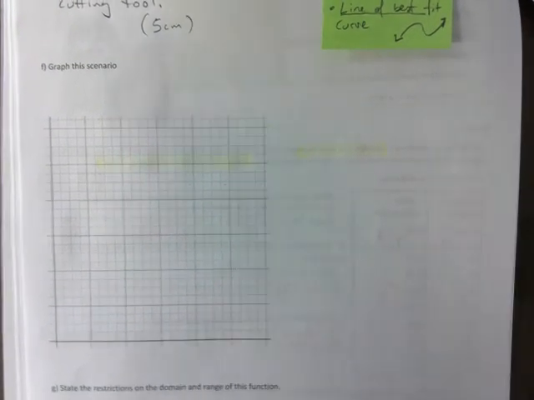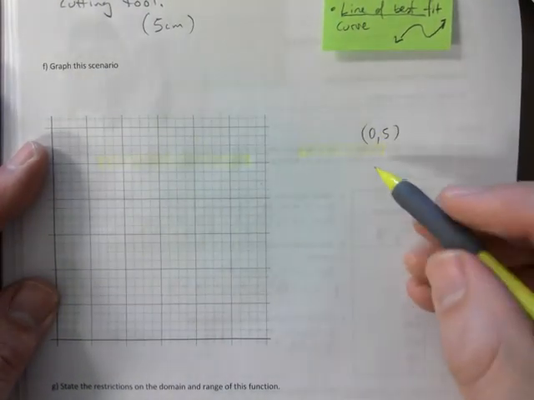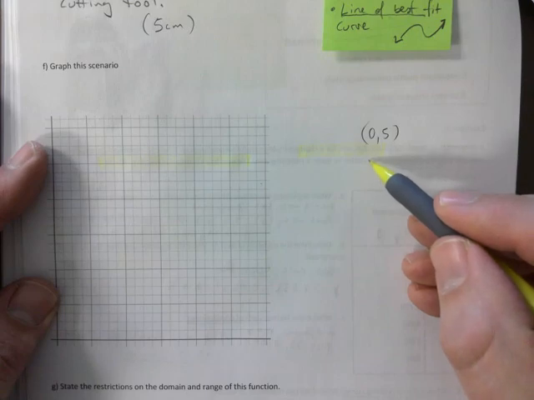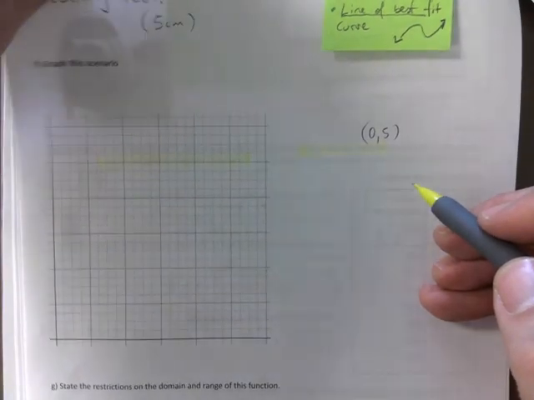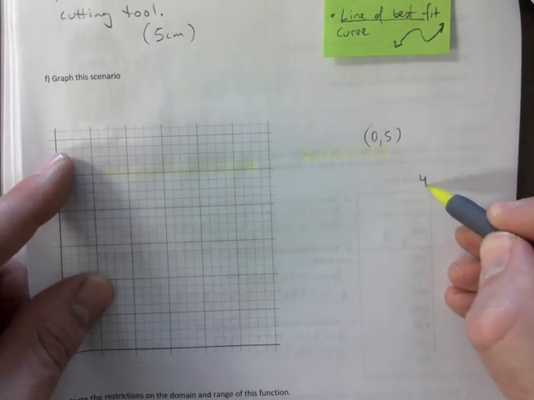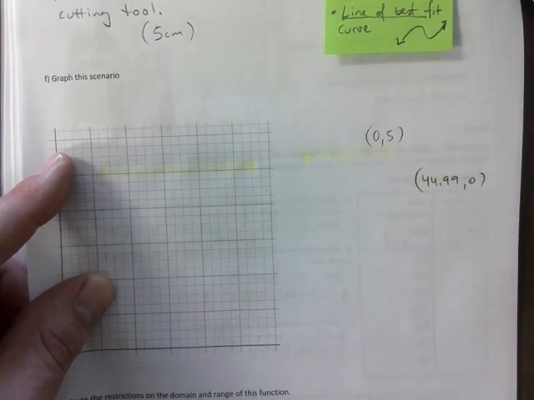Let's graph this. And again, I'm going to copy over the things I already know. The 0, 5. I know the one x-intercept at the very end. What was it again? 44.99? Yeah, I know 44.99, 0. So I'm going to find some more points here.